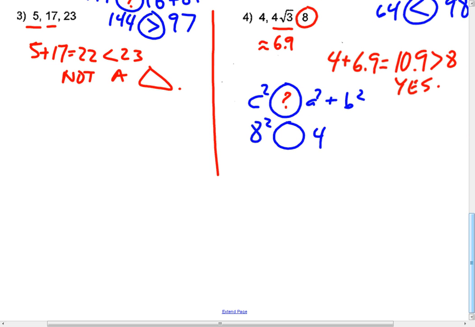What do we want? We want 4 here, and we want to go back to the exact radical. I don't want to put in 10.9 because that's an approximation. So I need to have 4 radical 3 squared. I want to deal with something exact for as long as possible.